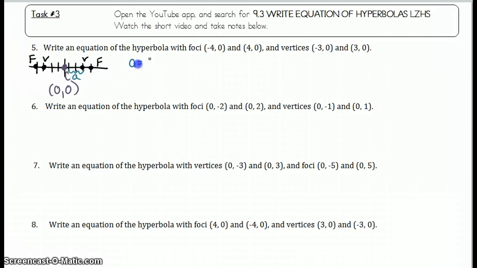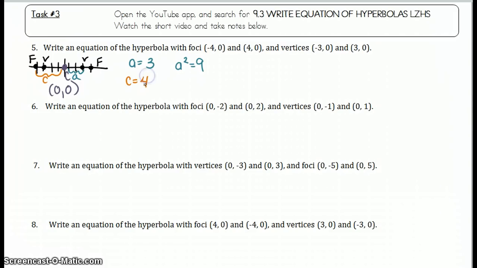Here, we are 3 units from our center, meaning that a is a value of 3, and therefore a squared will be 9.